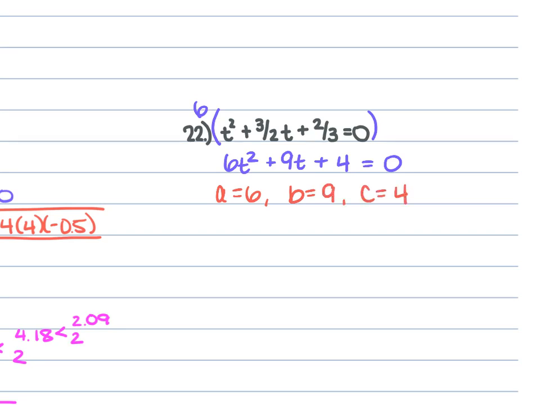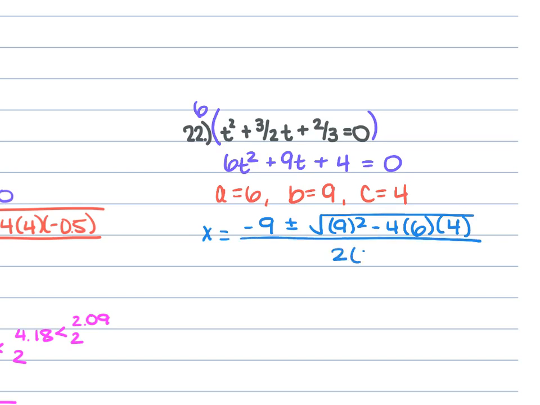So I'm going to plug this into our formula. We're going to have x is equal to negative 9 plus or minus the square root of 9 squared minus 4 times A, which is 6, times C, which is 4, all over 2 times 6. So this is simplifying to be x is equal to negative 9 plus or minus the square root of 81.